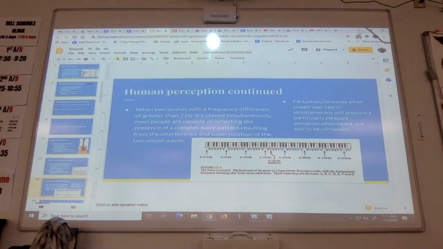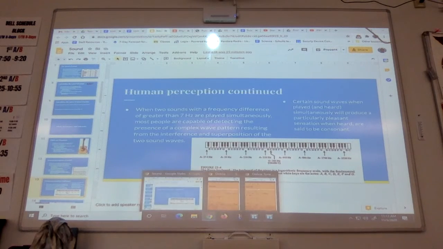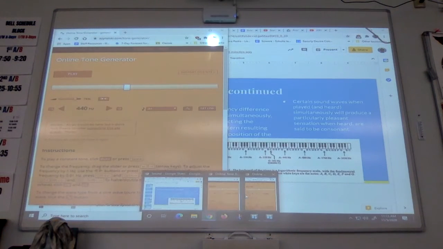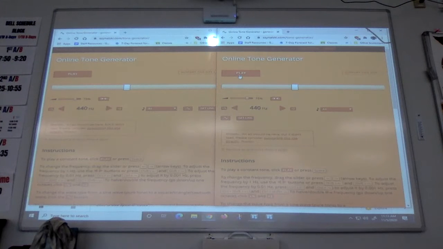we can play around with two tones, right? Okay, so two different tones are playing at the same time, because if I change one, okay, we're in a discord.